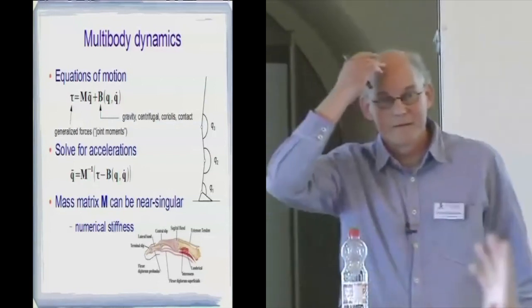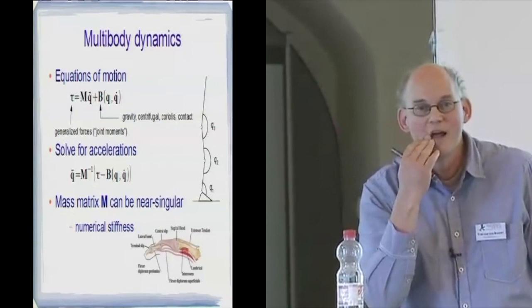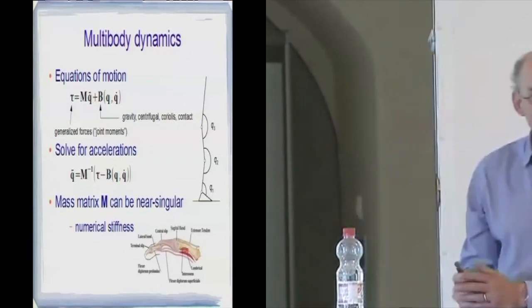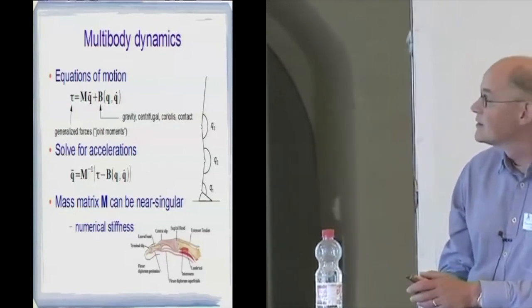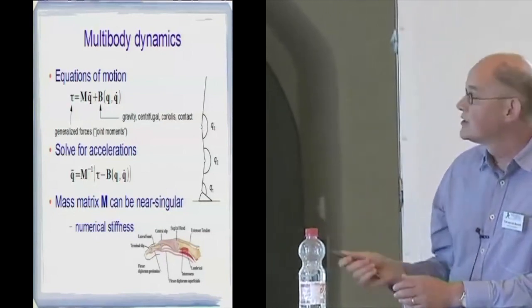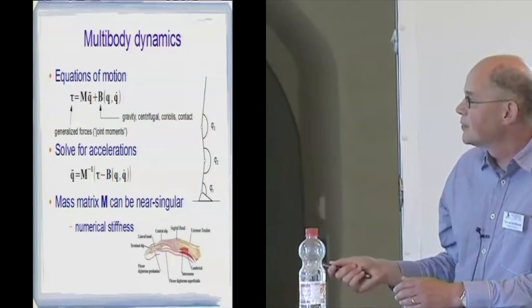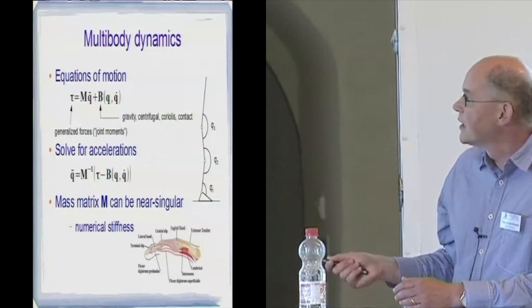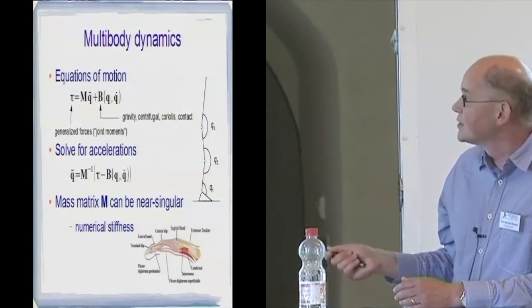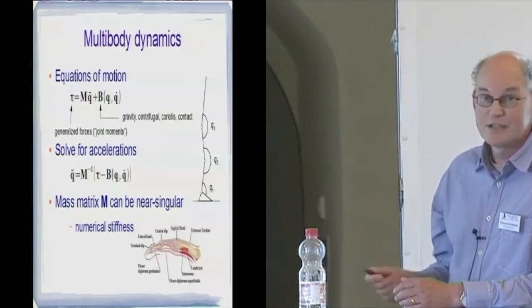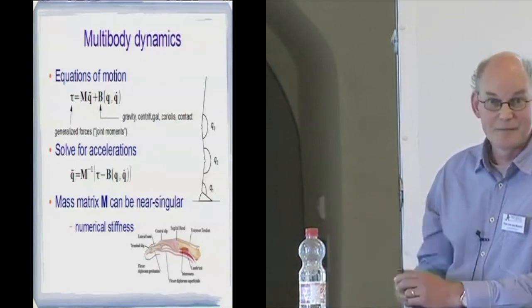Yeah. What do you mean by numerical stiffness? Oh, when you solve this differential equation, so if you want to simulate movement, then you have to integrate this twice. And because in this B term, you have very stiff elements. You have contact. In the torques, in the joint torques, you also have very stiff elements, which are the tendons.